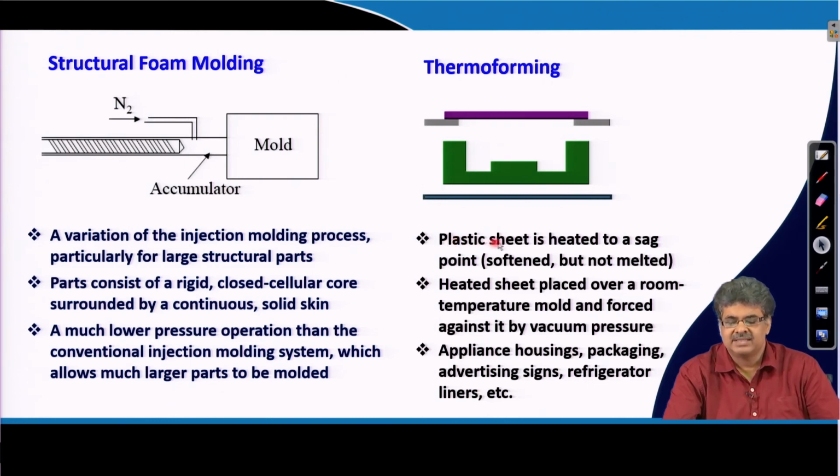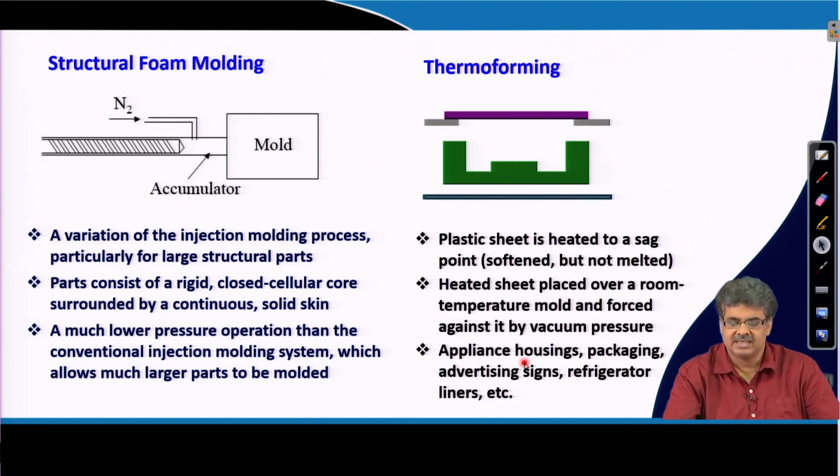The plastic sheet is heated to a sag point, softened but not melted, and this heated sheet is placed over a room temperature mold and forced against it by vacuum pressure. Once it is cooled, it will form a product of this particular shape.